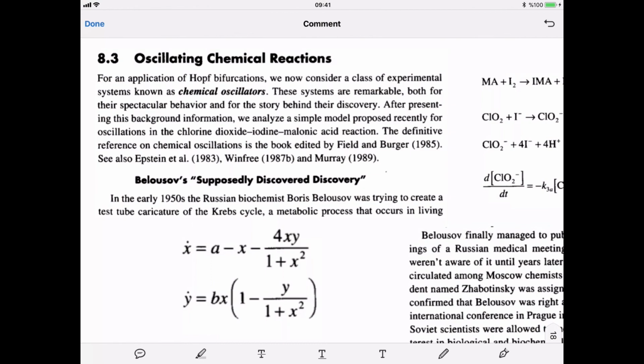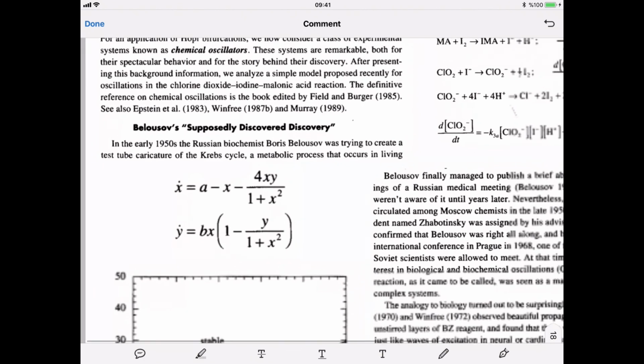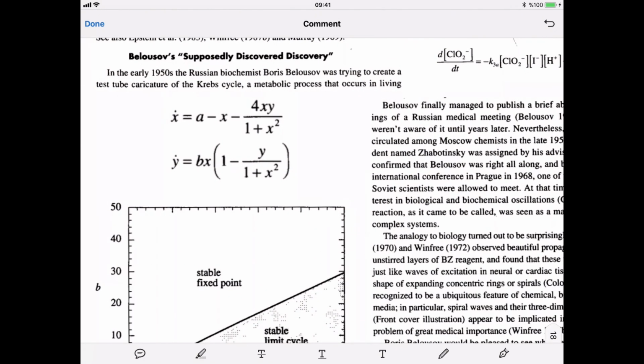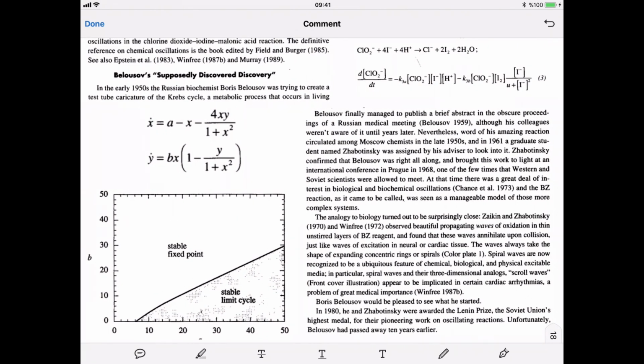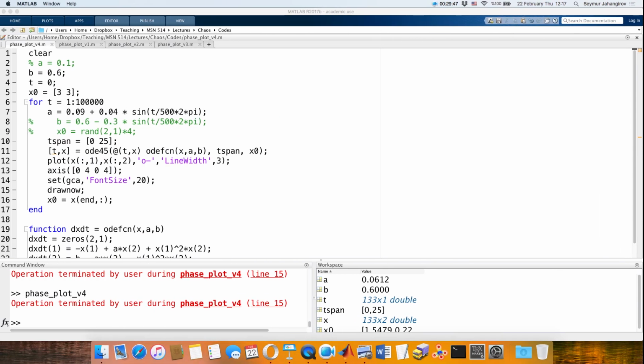Okay, let's look at the reaction one more time. Basically, again, X and Y correspond to some chemicals. And the thing is that this one is very, very similar to the one that we have analyzed. And you will find, again, stable fixed points, stable limit cycle.